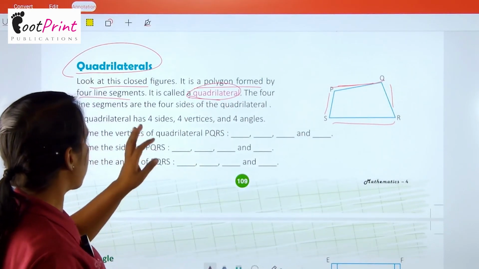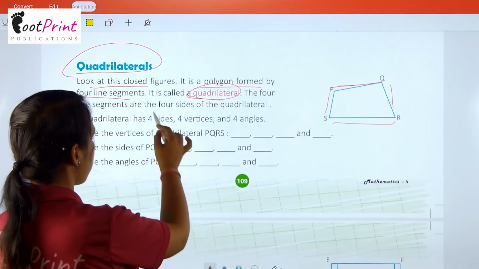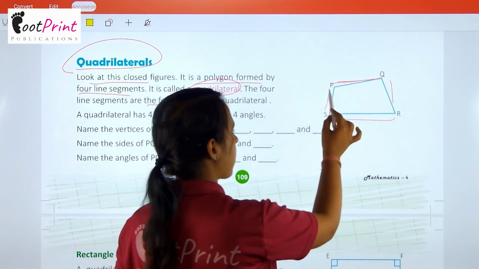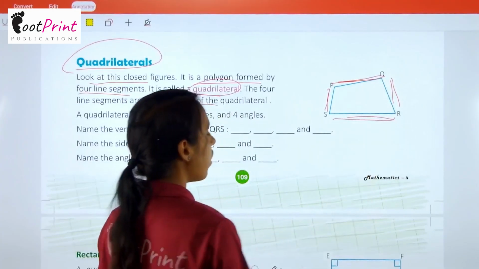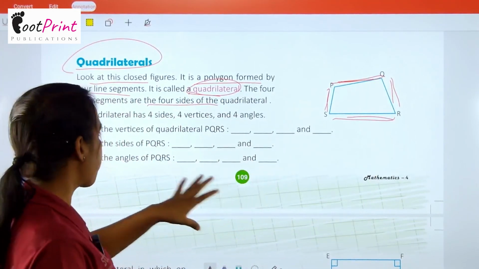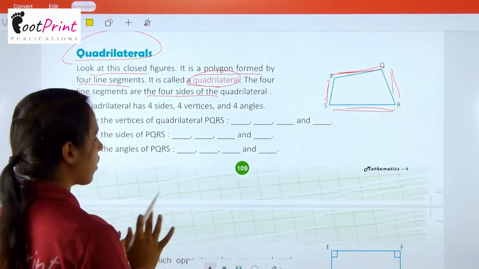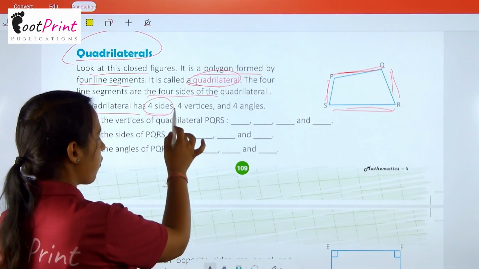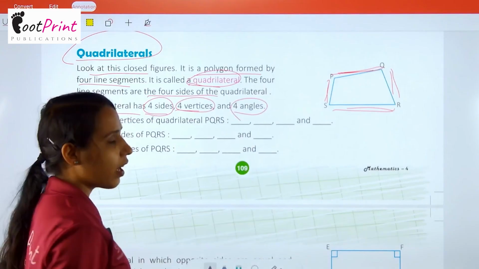So these 4-line segments are called the 4 sides of the quadrilateral. Okay, a quadrilateral has 4 sides, 4 vertices and 4 angles.